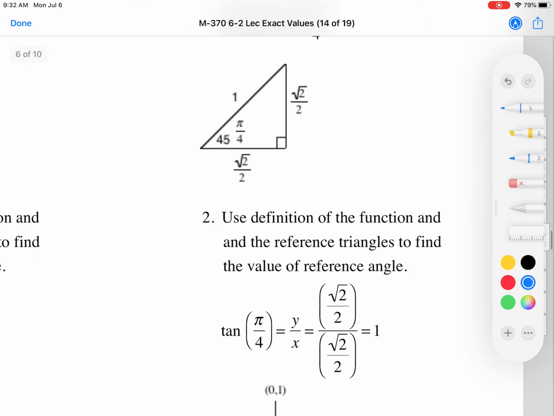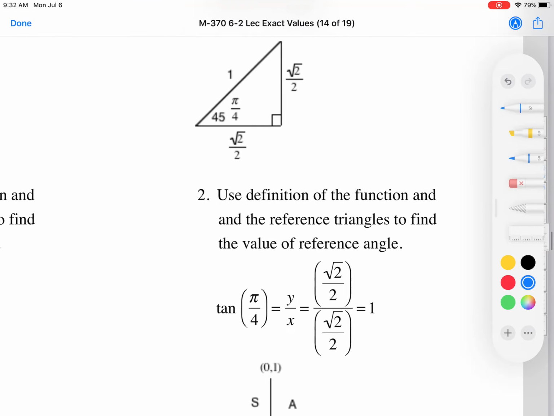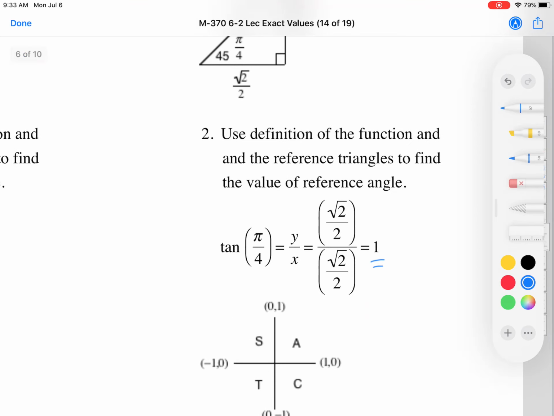Over here, in example 8, 15 pi over 4. Again, because of the 4 on the bottom, we're going to have a pi over 4 reference angle. Tangent is y over x, and for a 45-degree angle, that's root 2 over 2 divided by itself, so we get another 1 out. The only question is, where are we? Is this 1 going to be positive or negative?